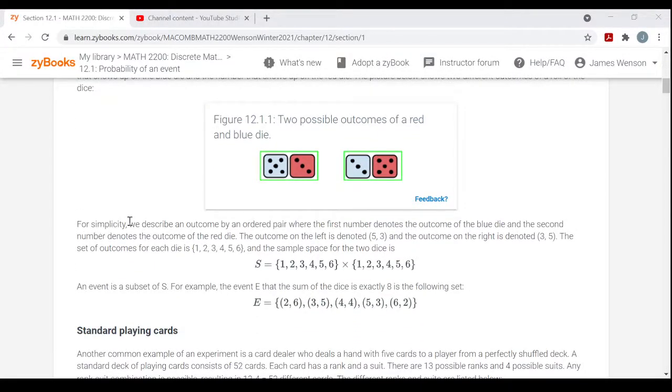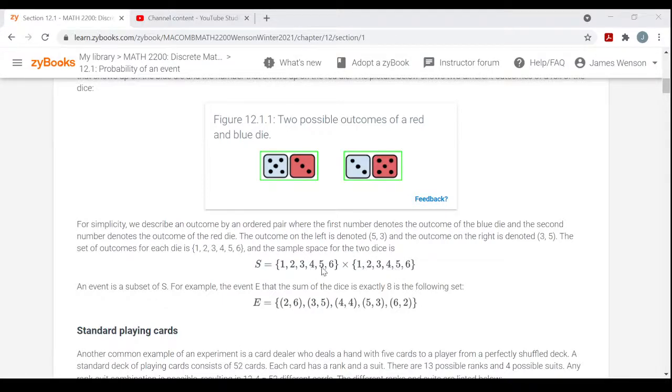For simplicity, we describe an outcome by an ordered pair, so you don't have to keep drawing all these pictures. The first number denotes the outcome of the blue die, and the second number denotes the outcome of the red die. The outcome on the left picture is (5, 3). This one is (3, 5). The set of outcomes for each die is 1 through 6, and the sample space, the list of all possible outcomes, is the Cartesian product of the outcomes for each die.